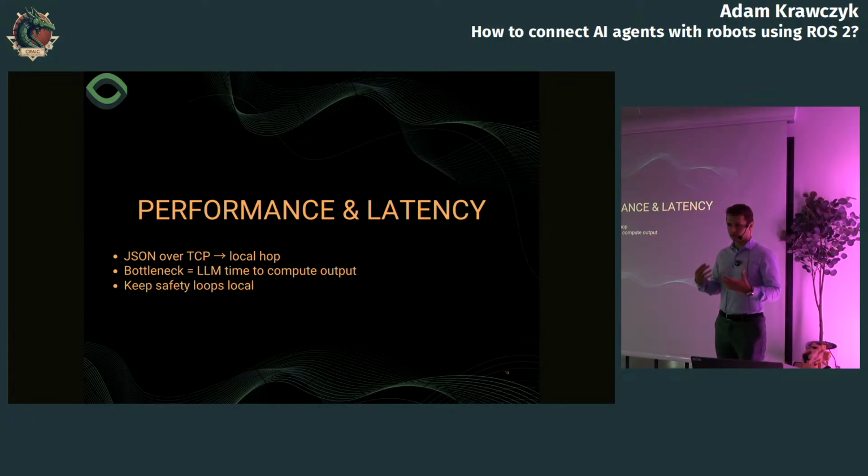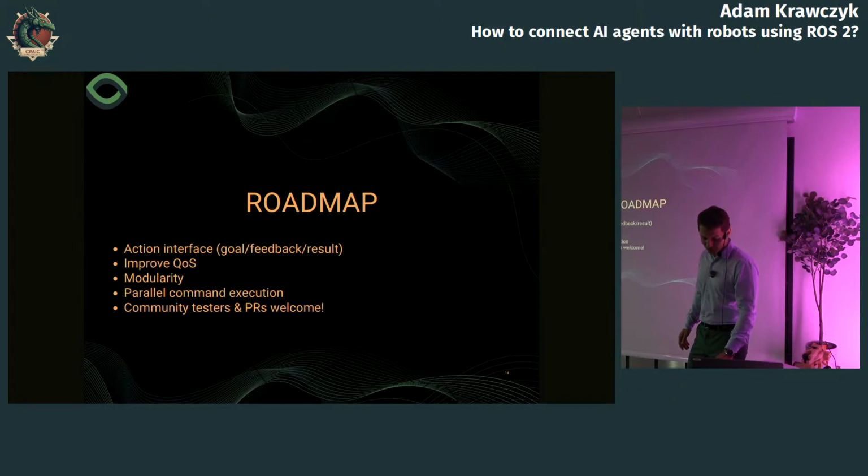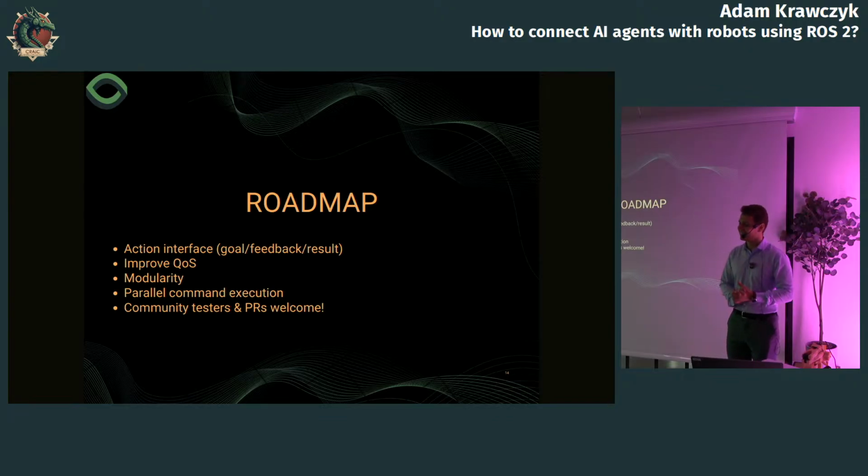Everything works on localhost. The bottleneck is the time for the LLMs to compute the output. For us, we need to wait for better models or find some good opportunity.